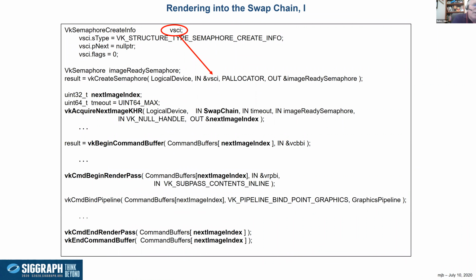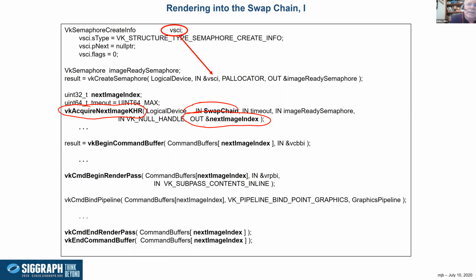So now, this actually is the same code you saw before, but it should make more sense because now we know about the swap chain. When we're getting ready to render, we acquire the next image. That is, we go ask the swap chain, what's the next empty image I can render into?